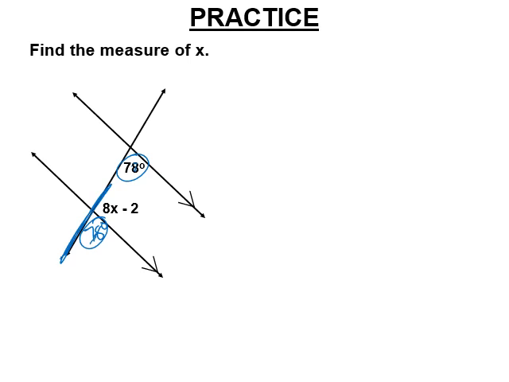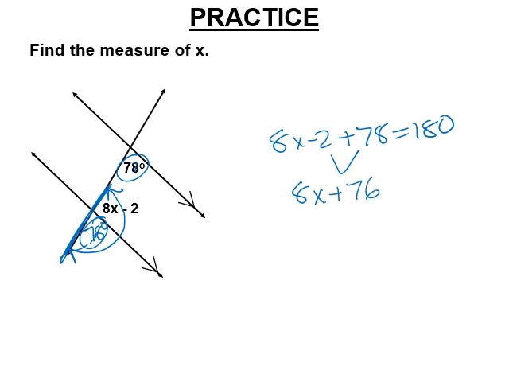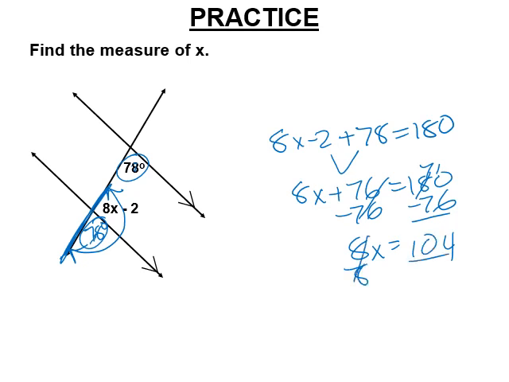Then these two are along a straight line, so that must be a 180-degree angle right there. So you add those up. 8x minus 2 plus 78 equals 180. Negative 2 plus 78 is 76. X is 13 degrees.